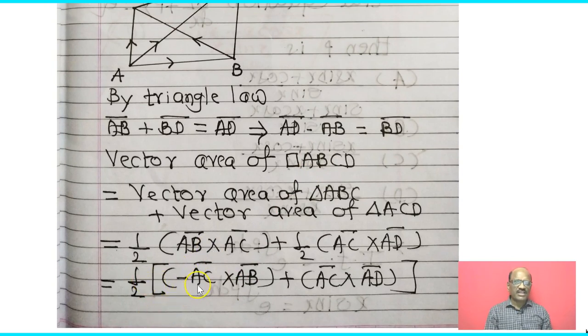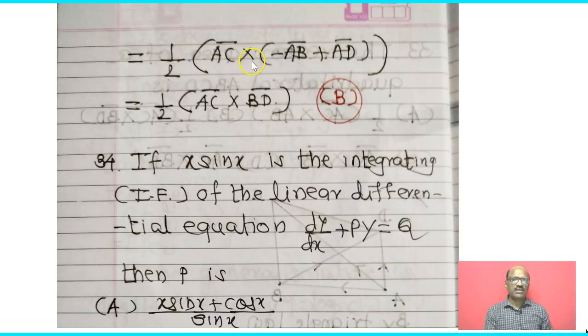That is 1/2 (minus AC bar cross AB bar plus AC bar cross AD bar), which equals 1/2 AC bar cross (AB bar plus AD bar). And that is, you will get 1/2 AC bar cross BD bar, and hence option B is the correct one.